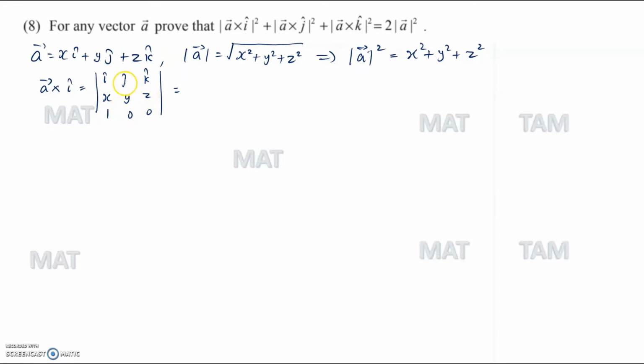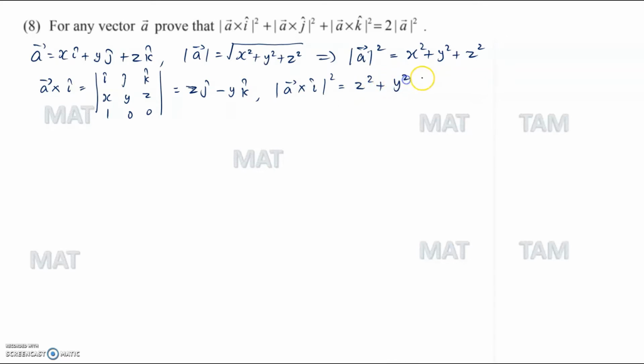For j cap, it will be minus j into x into 0 minus z, so it will be a plus z j cap. Similarly, for k cap, it would be x into 0 minus y, so it will be minus y k cap.